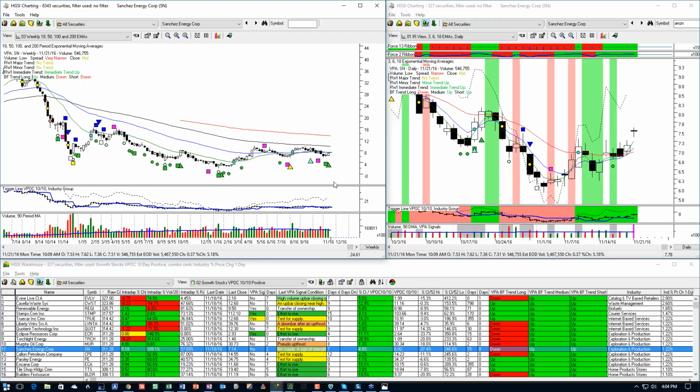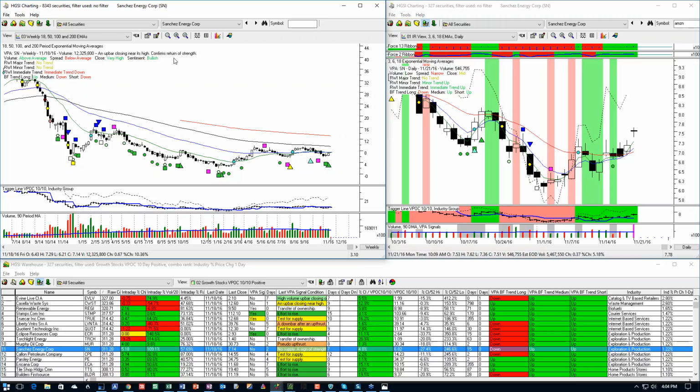The VPA flags on the weekly are based upon the weekly price action, not upon the daily price action. So now, after today, actually, there have been 4 bullish VPA flags here over the past week and a half or so.